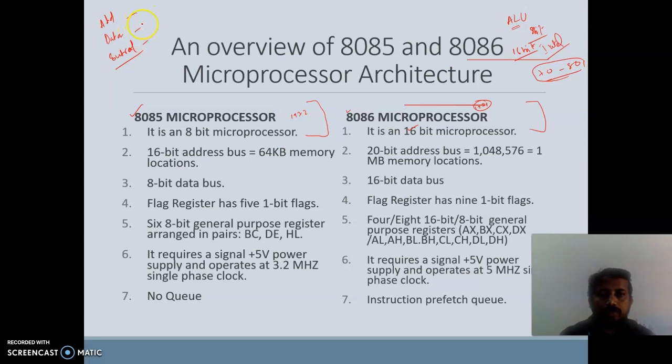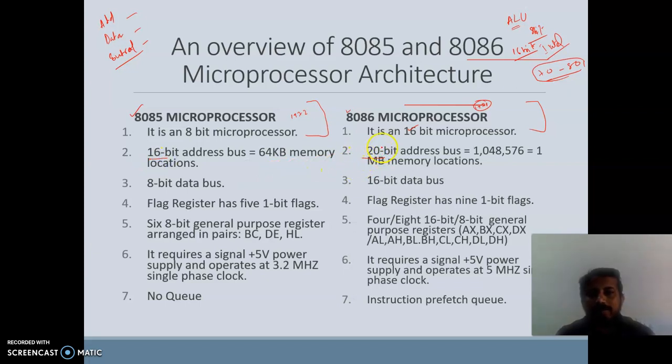In the 8085 microprocessor, the address bus is used to convey the address where you need to fetch the data or where you need to put the data. Coming to the address bus of the 8085 and 8086, here the address bus is 16-bit and there it is 20-bit.